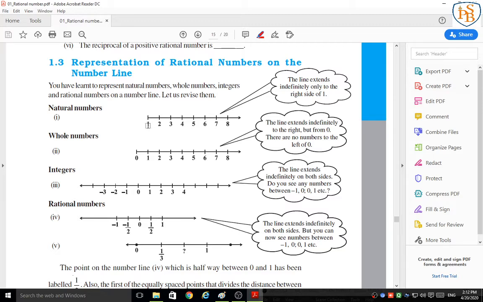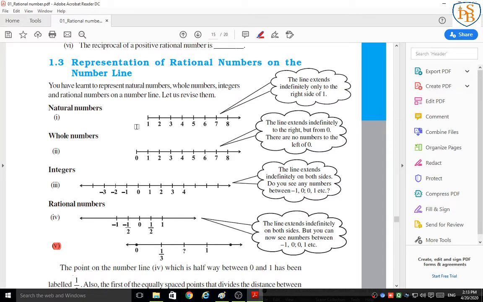At the right-hand side I extend this line: 1, 2, 3, 4, 5, 6, 7, 8, like that. For the whole numbers I write 0 first, and at the right-hand side of 0 I extend the line: 0, 1, 2, 3, 4, 5, 6, 7, 8.